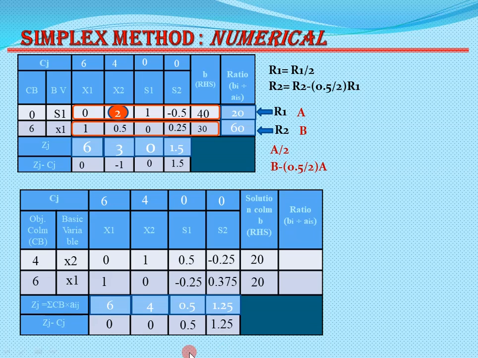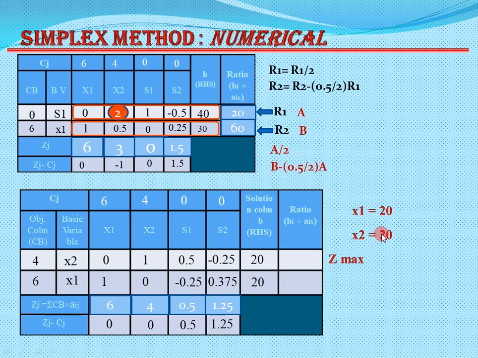Now if we check, the Zj minus Cj contains all positive elements, so it is 0 or greater than 0. So our optimal solution is reached. And to get the solution, we have to write these solution column values for the corresponding variable. So we get x1 as 20 and x2 value as 20.